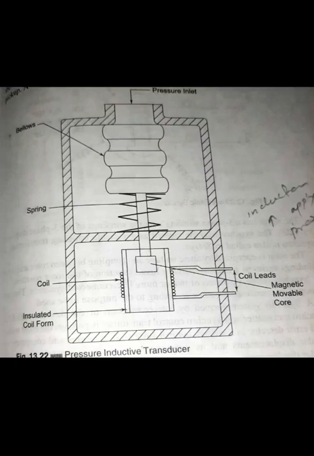A synchro can be an angular position transducer working on the inductive principle, whereas the variable coupling between the primary and the secondary is obtained by changing the relative orientation of the windings. Internally, most synchros are of similar construction.